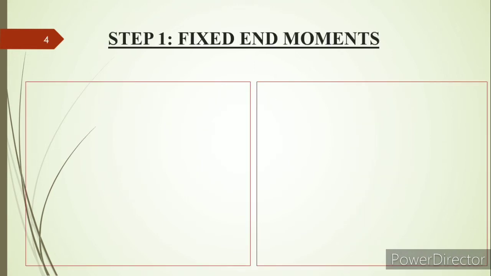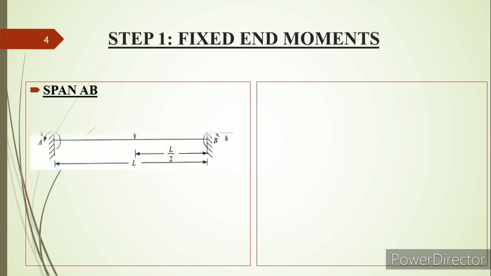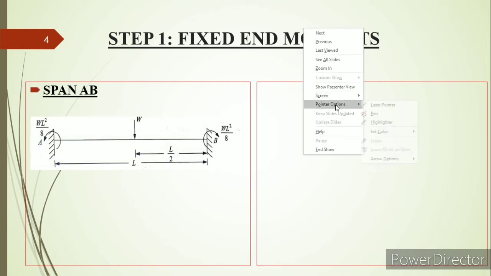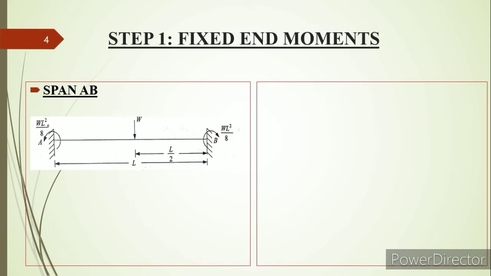So the first step is the calculation of fixed moment. Then span AB: there is a concentrated load acting at the center of the span. When there is a concentrated load acting at the center of the span, the fixed moment will be WL by 8. So M of AB is equal to minus WL by 8.